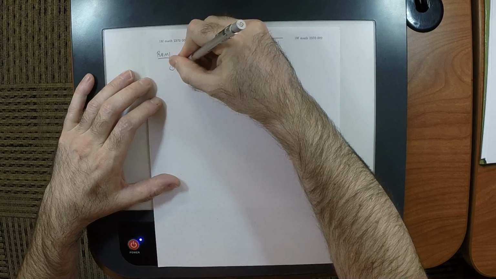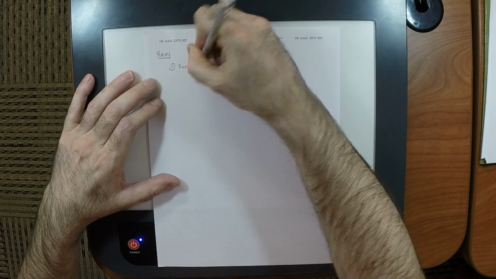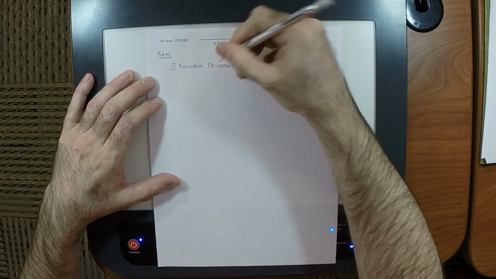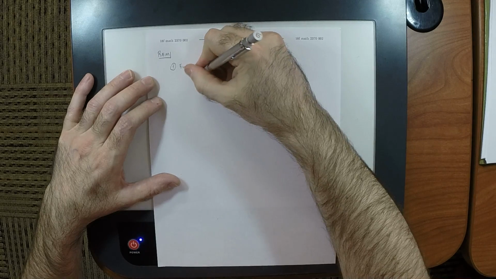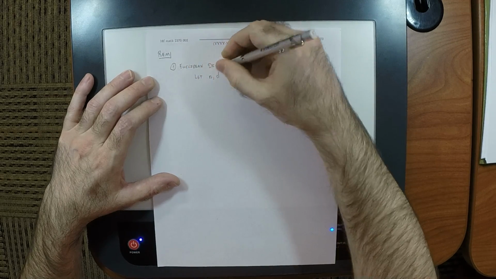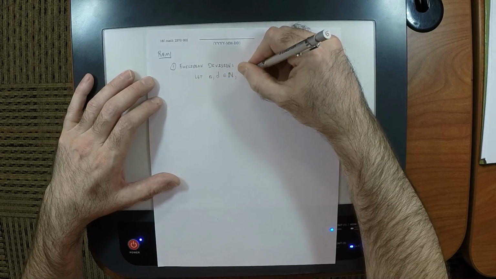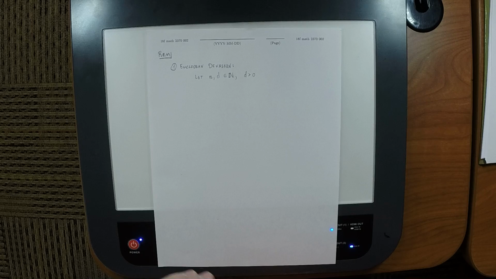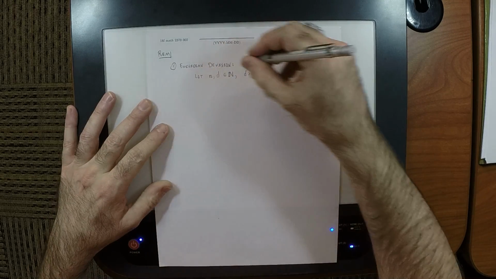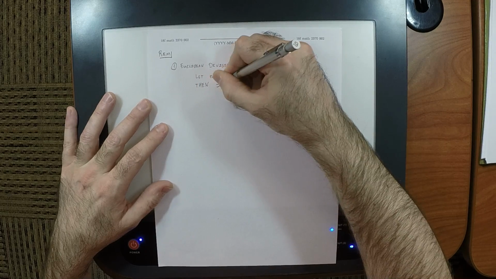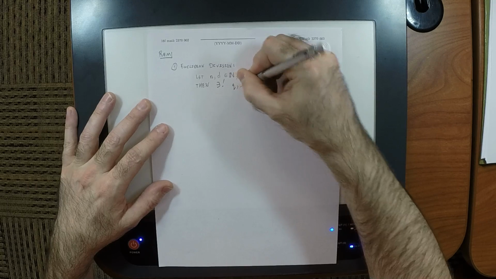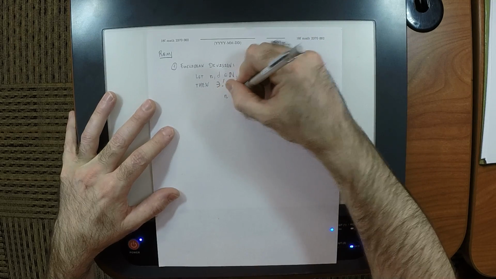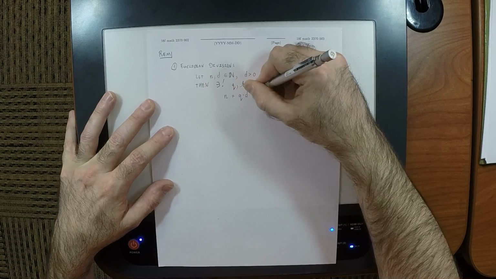On the one hand, we have Euclidean division, and that's saying that if we let n and d be in the naturals, with d a positive natural, so I'm saying give me any natural n and any positive natural d, then there exist unique q and r in the naturals such that, in fact, two things: n is equal to qd plus r.